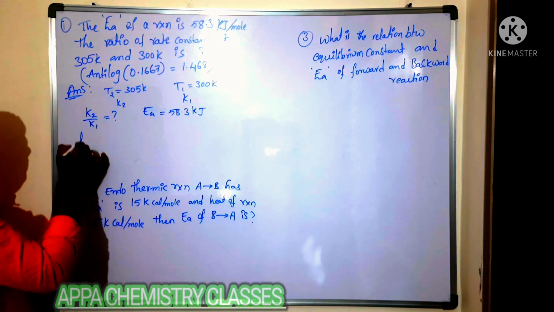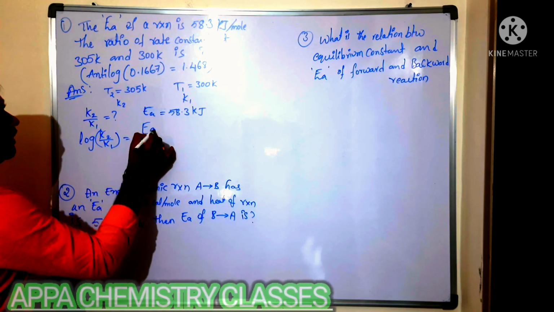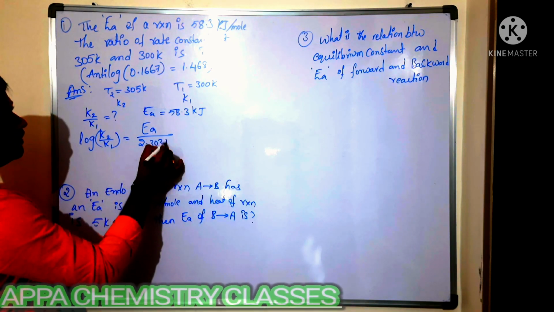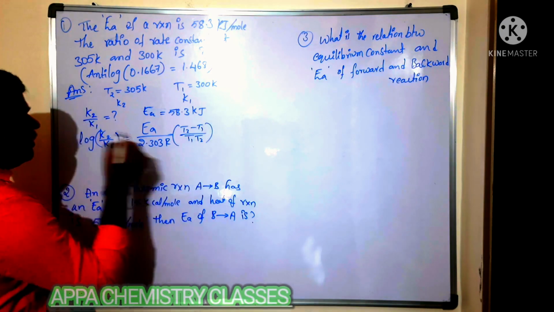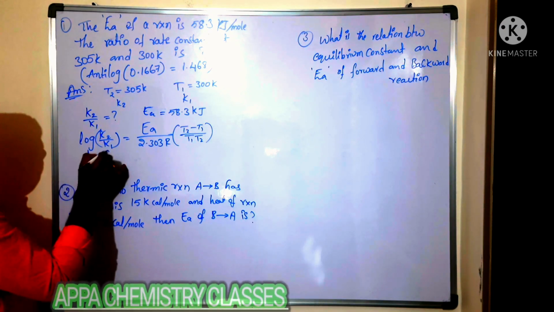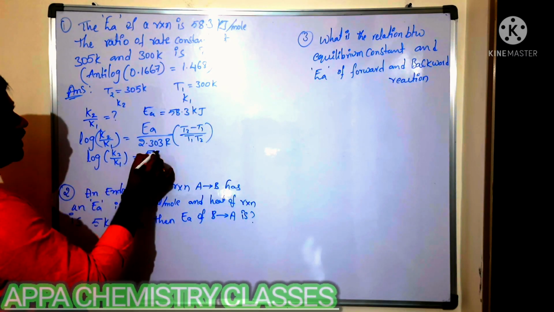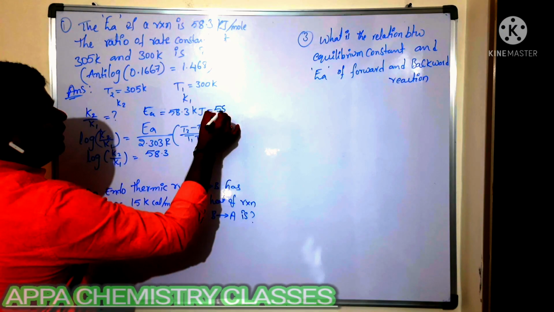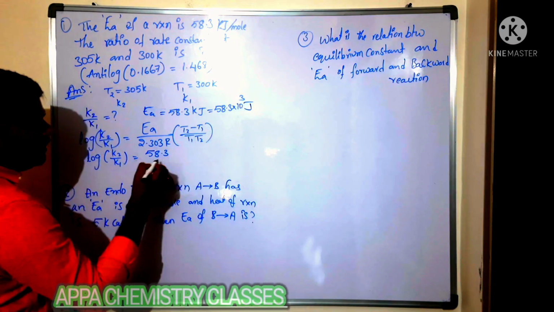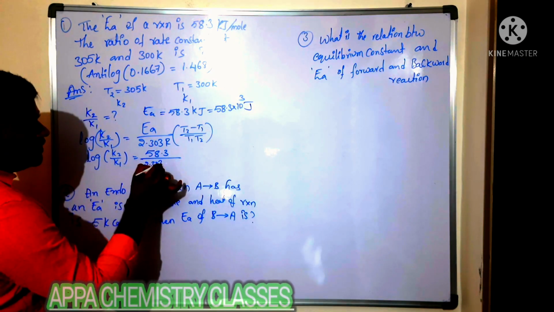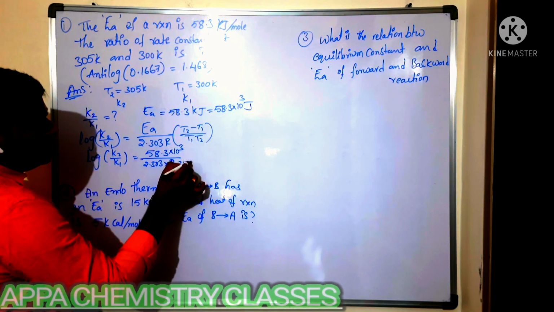Now the relation is log of K2 by K1 is equal to Ea by 2.303 R into T2 minus T1 by T1 T2. Now you can write log of K2 by K1 is equal to the activation energy 58.3 kilojoules, taken as 58.3 into 10 power 3 joules, because R we take in joules: 2.303 into 8.314 joules.